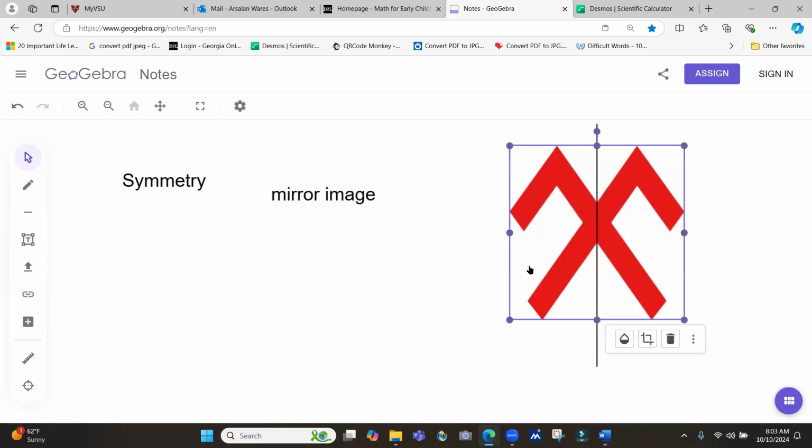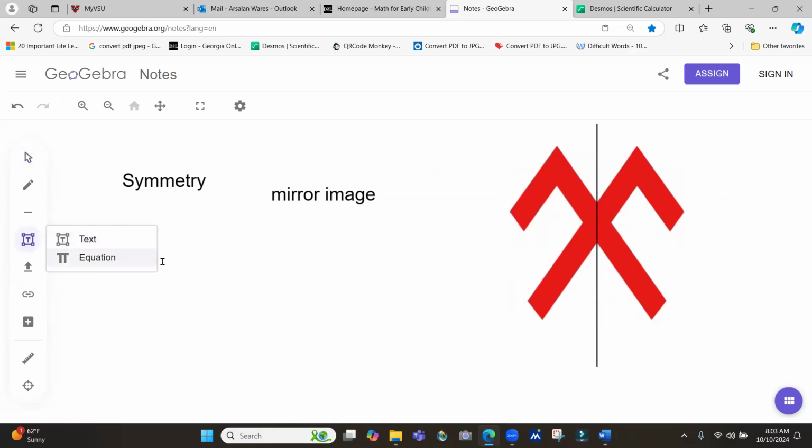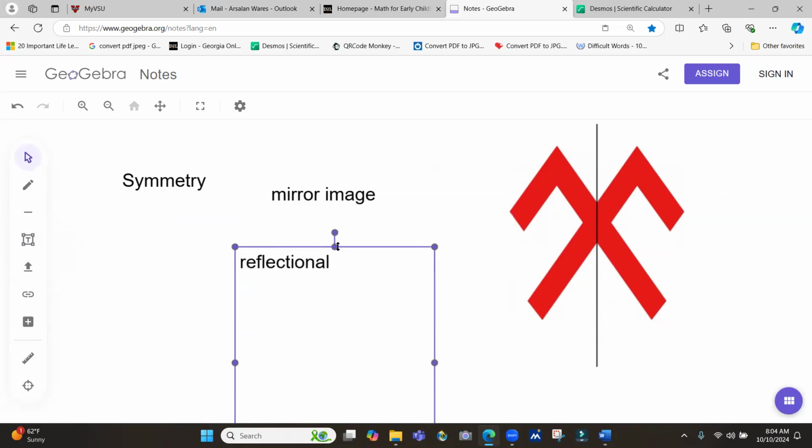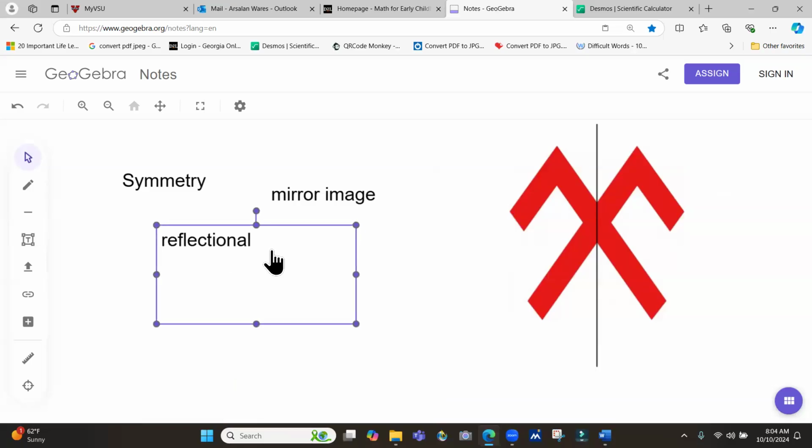Now, there are different types of symmetries. This is called, we have two names for it: reflectional symmetry, from the mirror image, and sometimes people also call it line symmetry.